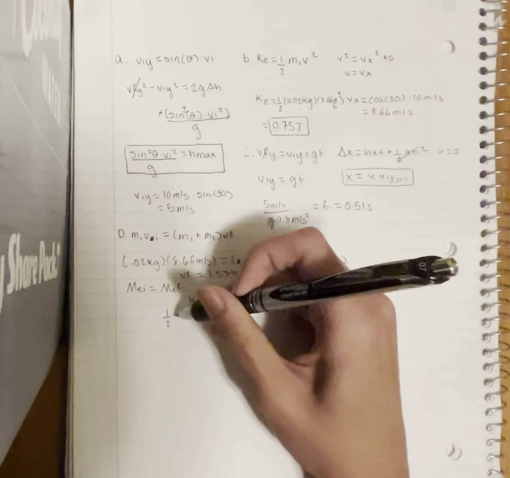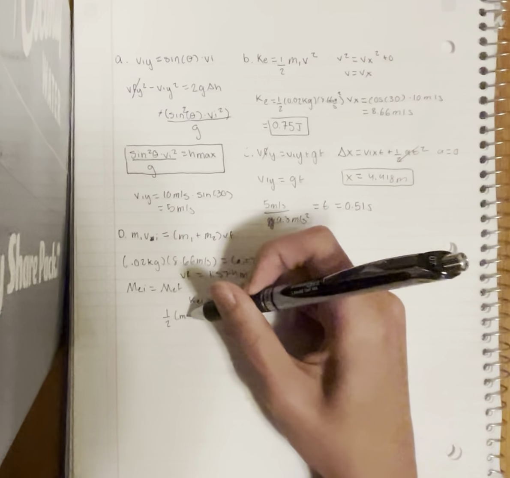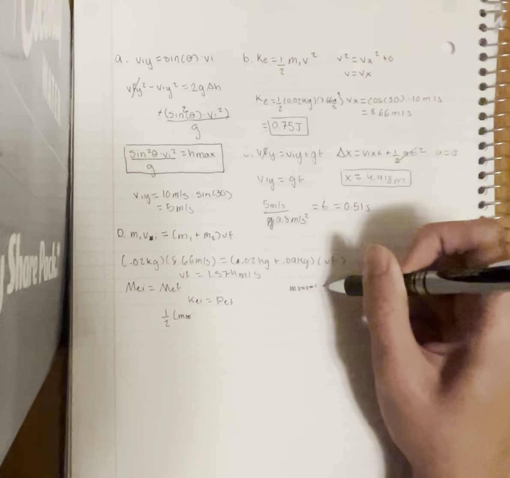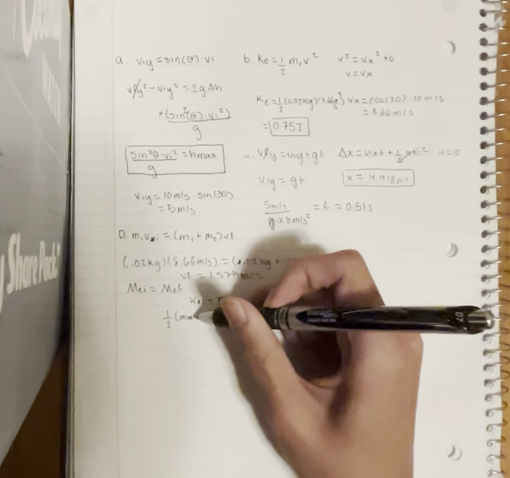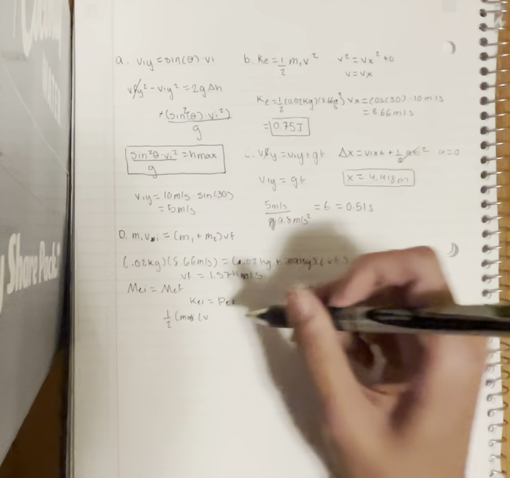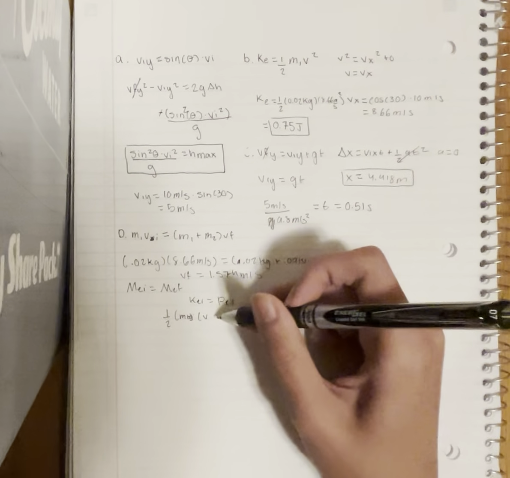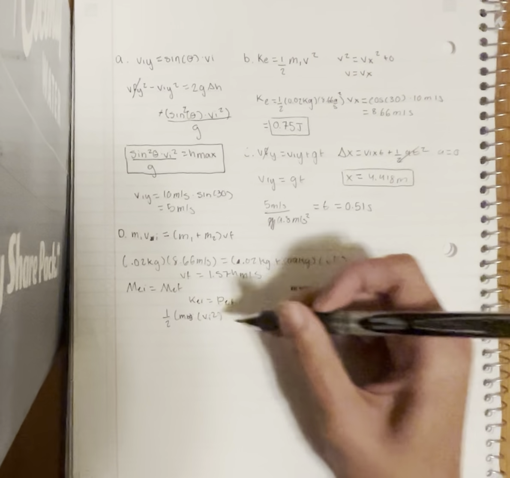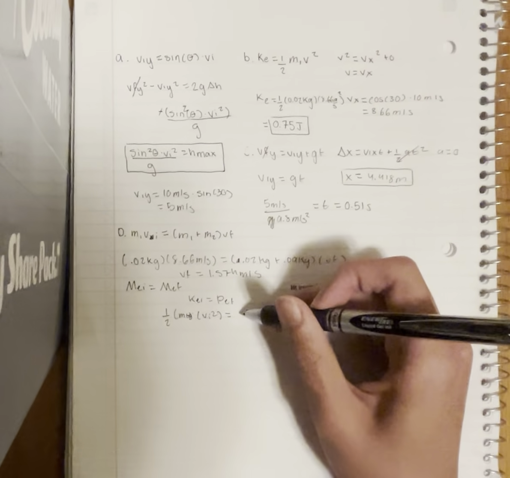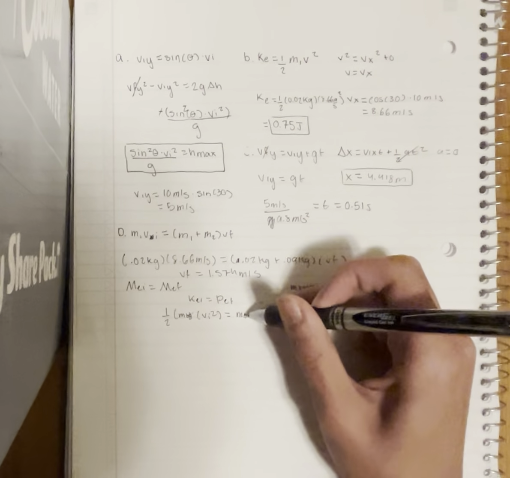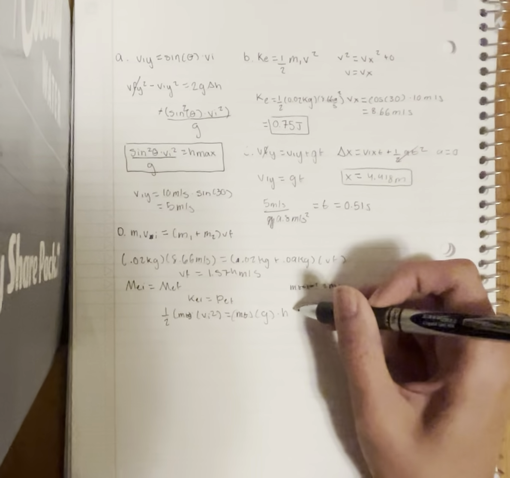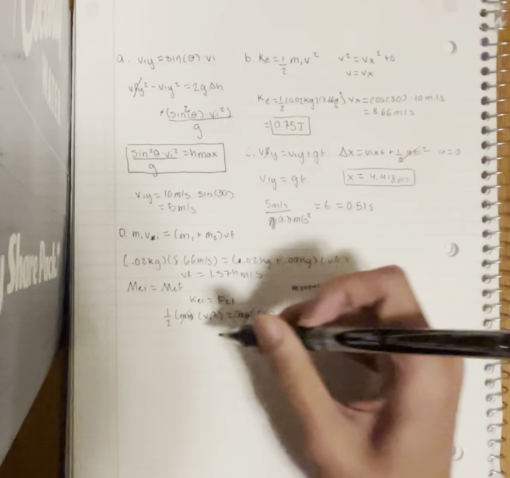So 1/2 m total, which is easier for me to write as m of T, times vi squared, where vi is just vf in this situation because that's when they started colliding, is equal to m total times g times h, and then the m's cancel out.